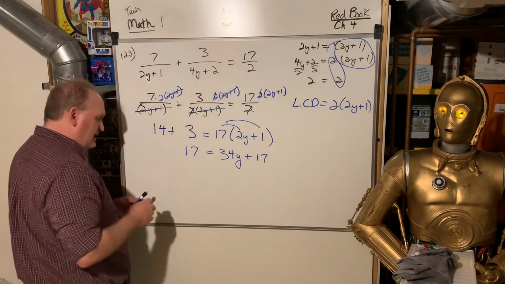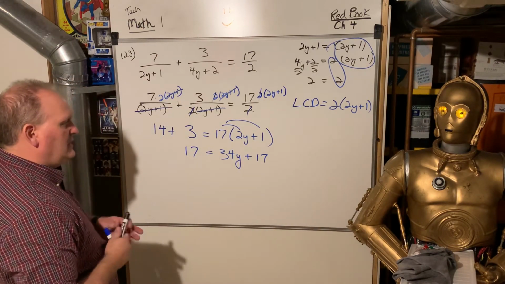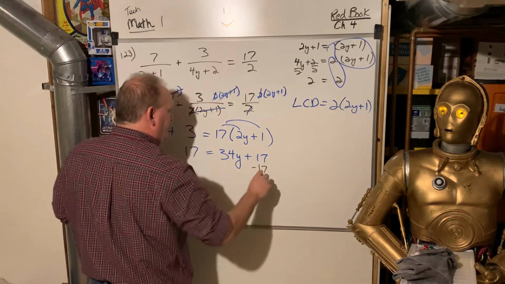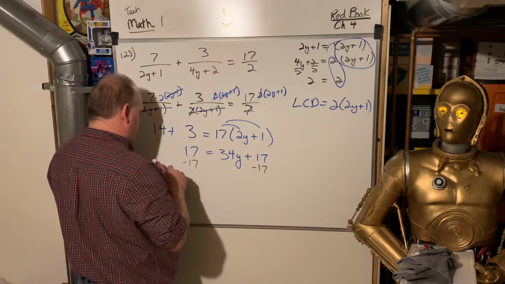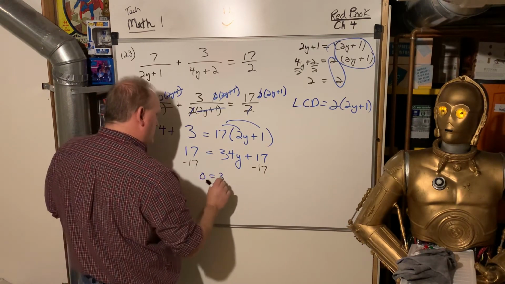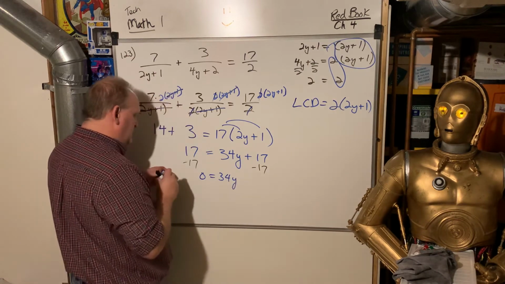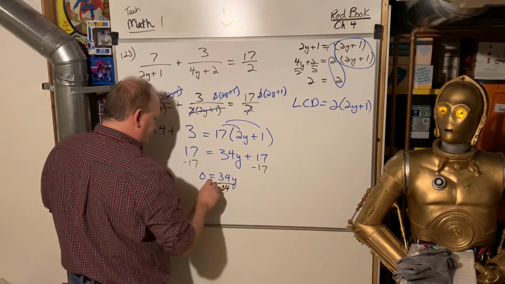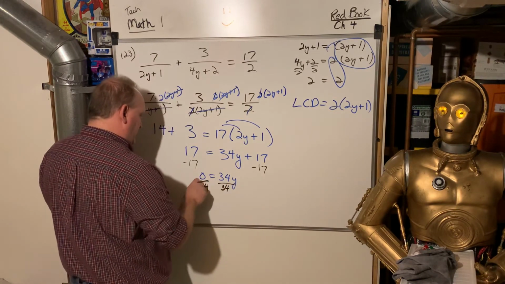And now you're back to solving two-step equations. So remember, isolate the variable. So we want to get it by itself. Oh, this is weird. So 0 is equal to 34y. That's fine. It can equal 0 and then divide by 34. So 0 divided by 34 is just 0.